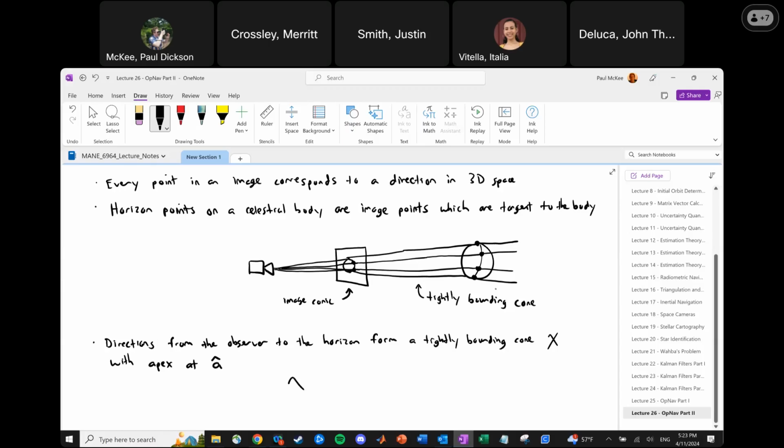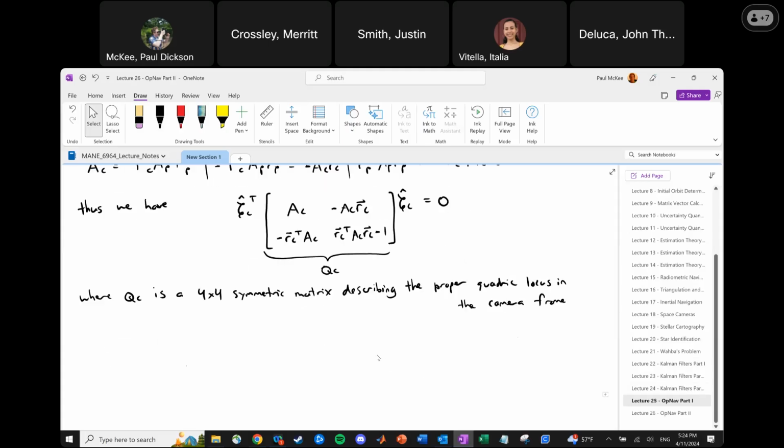Okay. And so you can think of it this way. Your tightly bounding cone is going to be proportional to Q a a transpose minus a transpose Q a times Q. Where Q, just to remind you, is the Q from the last lecture. So what is Q? We're going to go back one really quick.